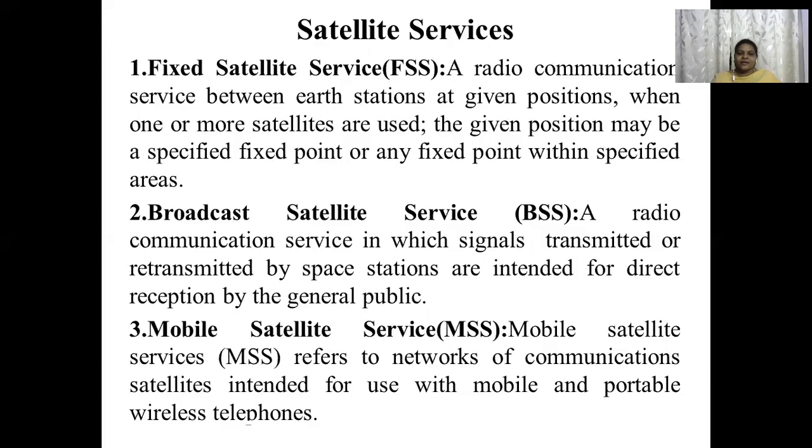Next, third is mobile satellite services. It is abbreviated as MSS. Mobile satellite services refers to the network of communication satellites intended for use with mobile and portable wireless technologies. So these are the three satellite services we can see.